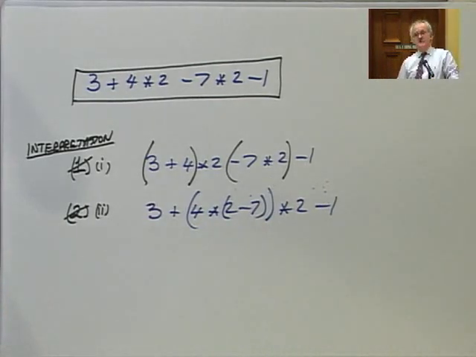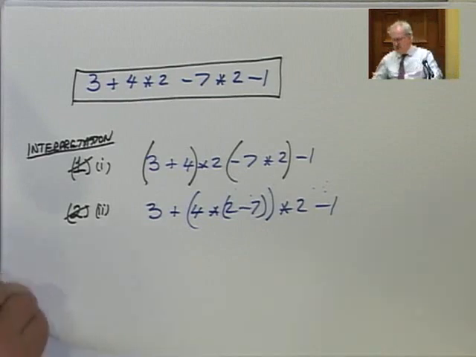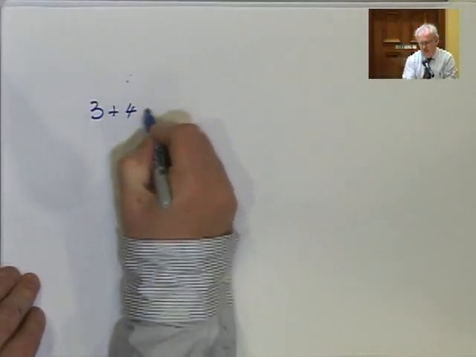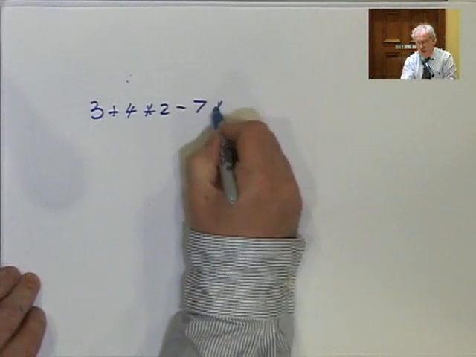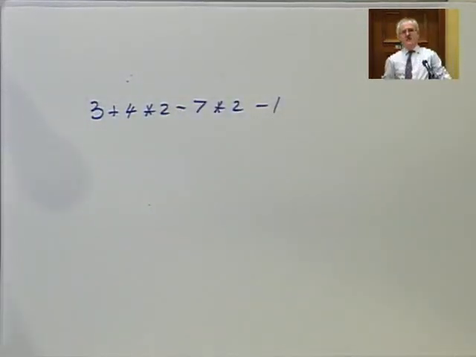And we'd all get different answers. The question really is, what is 3 plus 4 by 2 minus 7 by 2 minus 1? And if you're using a calculator to do all of that in one go, you really have to be extraordinarily careful, because it's very easy to get the wrong answer.